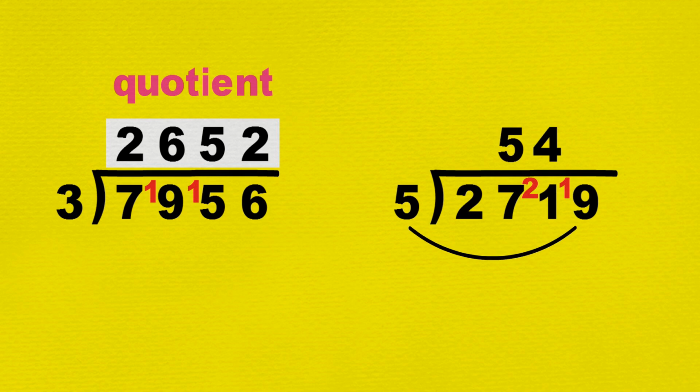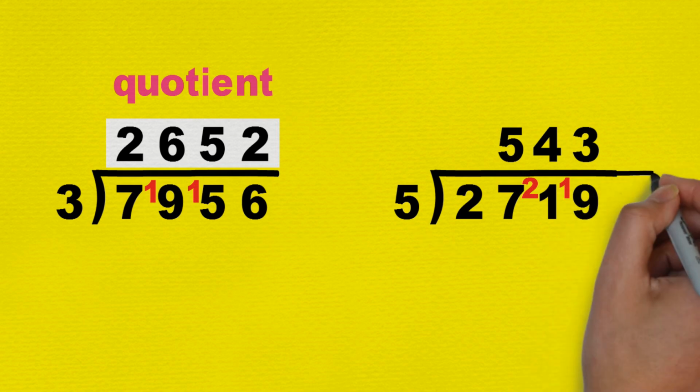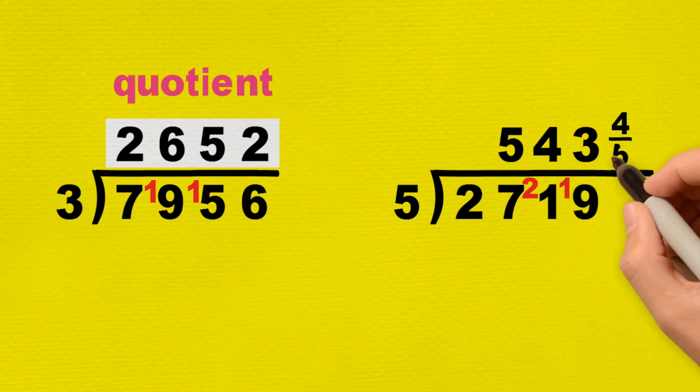Finally, we divide 5 into 19, not just 9, and get 3 plus 4 left over. The 3 is written above the line, right above the 19. Since we are dividing by 5, the leftover 4 is 4 out of 5.